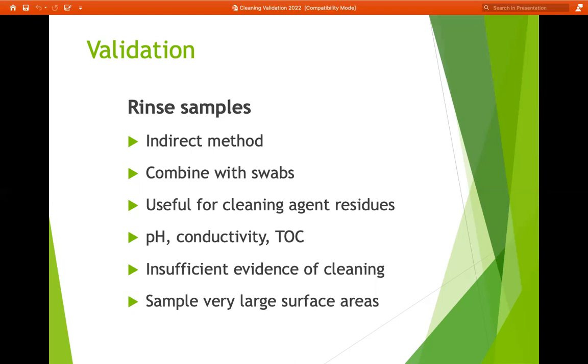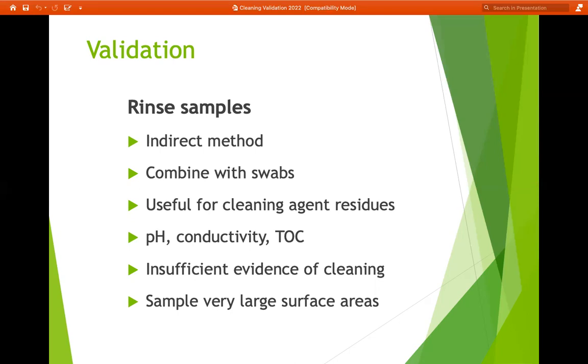Basically, the rinse sample we take after cleaning has been completed, after all the cycles of cleaning, say 3 washes or 2 washes you are giving to your equipment. After that, we take this rinse sample, and this is covering very large surface areas, and that is one advantage.